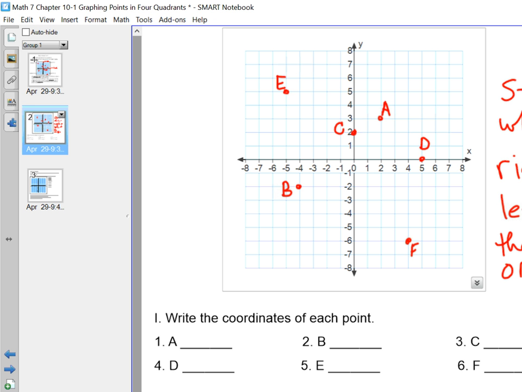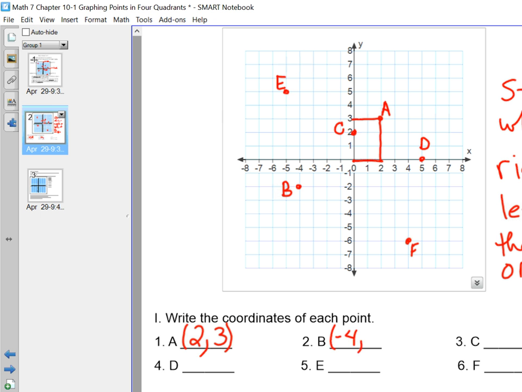For example, our first one's going to be A. I'm going to start at the origin. I'm going to move so that I'm right under point A, which is at 2. That means my x-coordinate is 2. Then I would move up to the point A, which is at 3, and my coordinates are 2, 3.